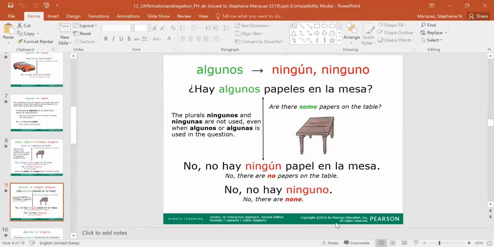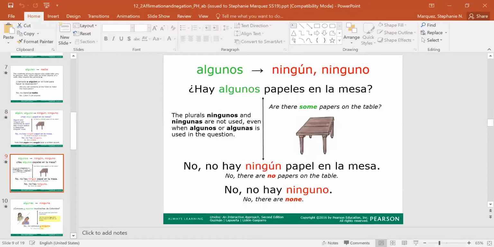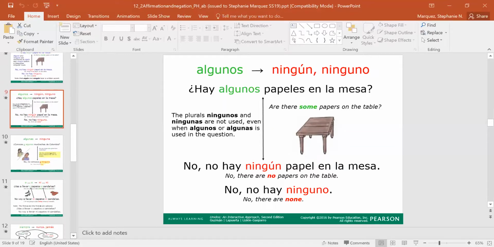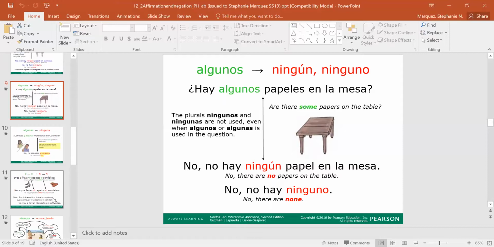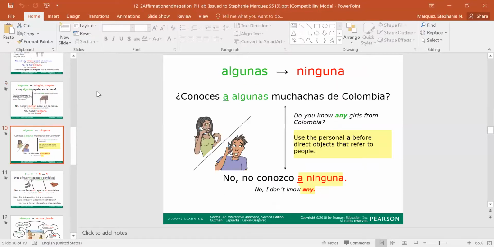So we can see that it comes up again here, and here we start to see those alguno and ninguno words being used in their feminine form, which I've already mentioned.